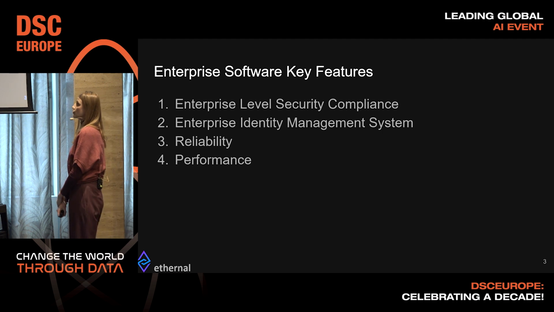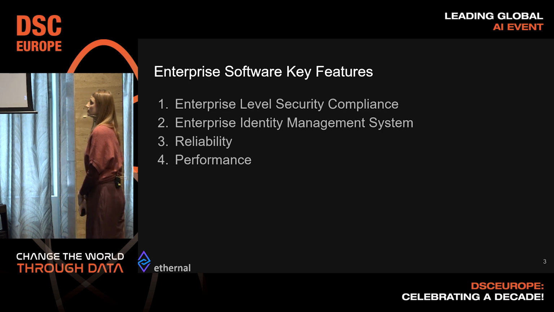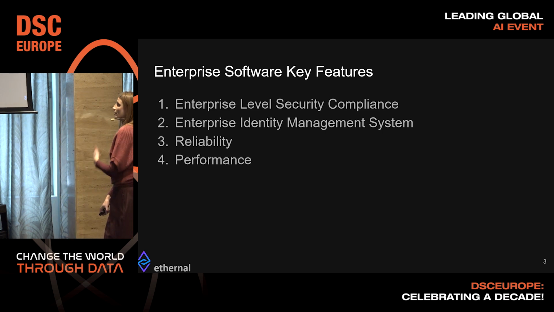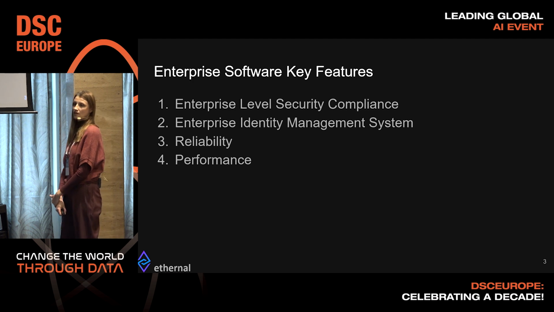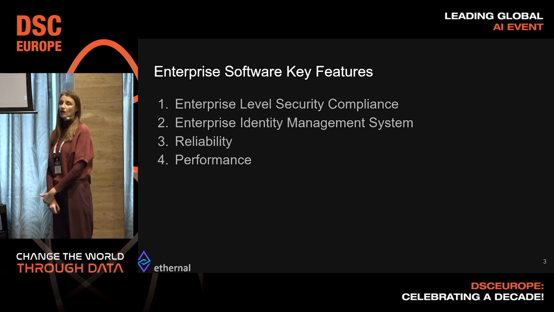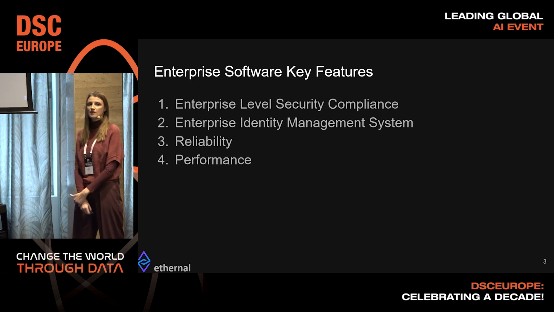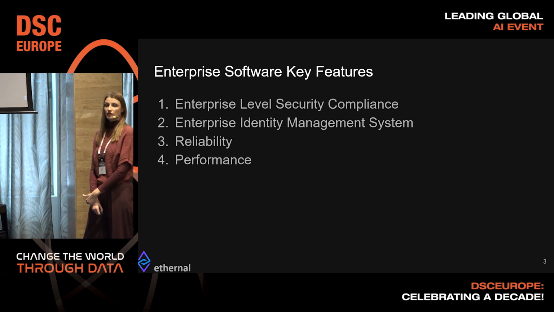The second key feature is the enterprise identity management system. Why is this system important? Because it keeps information about the users of the system, and this information has to be kept secured. We have to take care about access rights, about what the applications allow users to do.